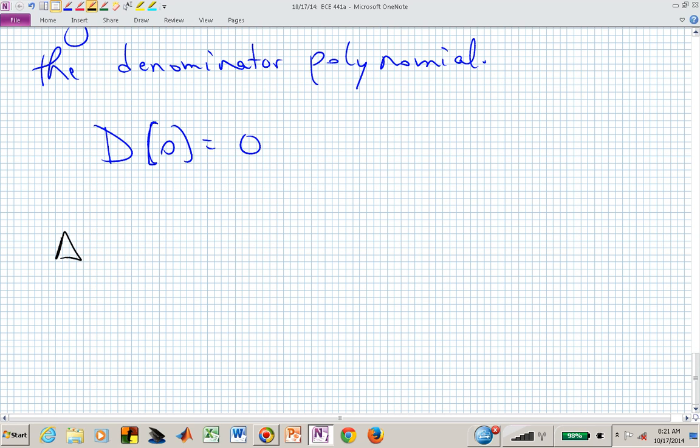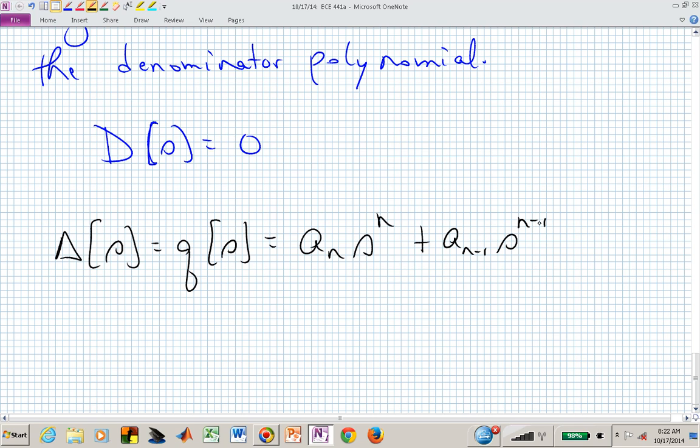Let's now just define a generic polynomial, and I might call that a delta of s, I might call it a q of s, but let's agree that it's a sub n, s to the n, so we're not requiring it to be monic necessarily, plus a sub n minus 1, s to the n minus 1, etc., down to a1 s plus a sub 0.